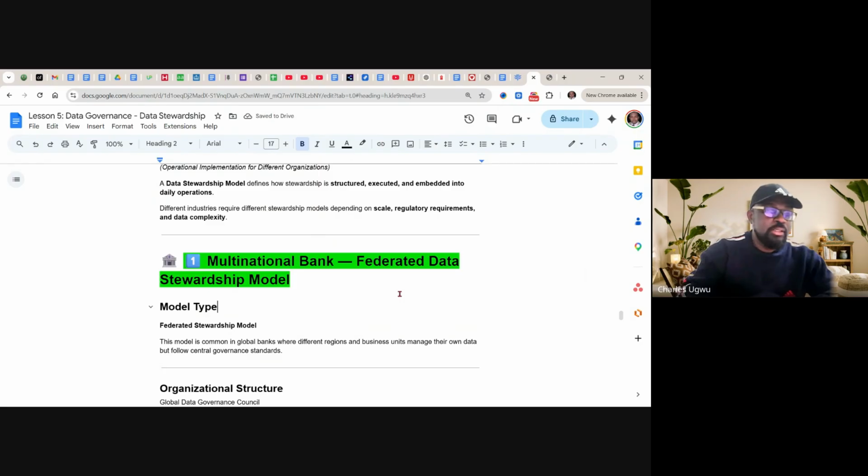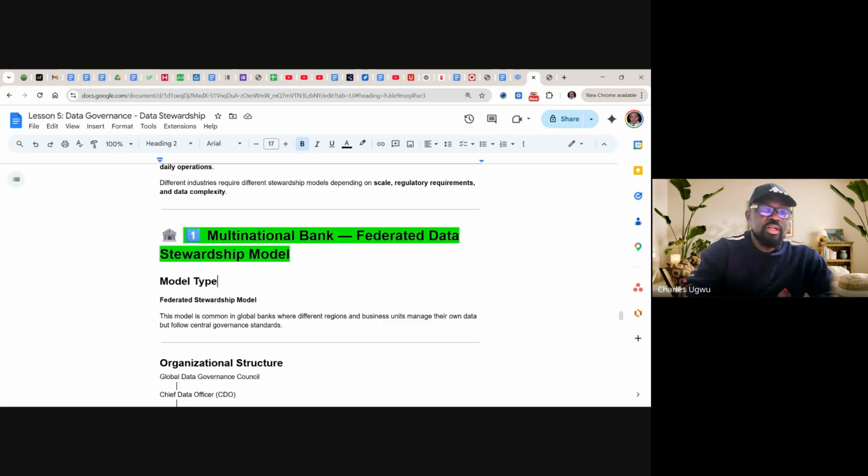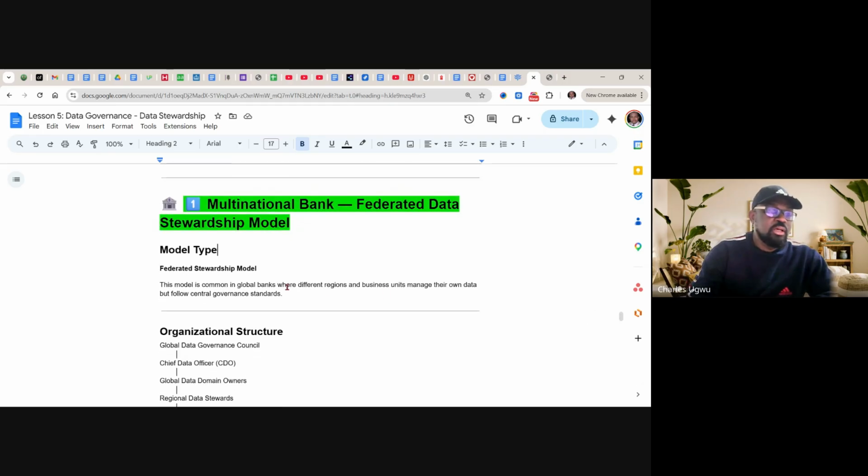For this bank, we use the federated data stewardship model. So here is the federated stewardship model.